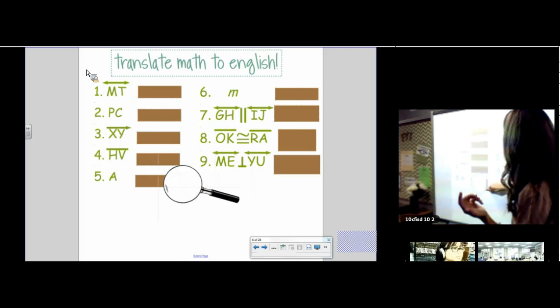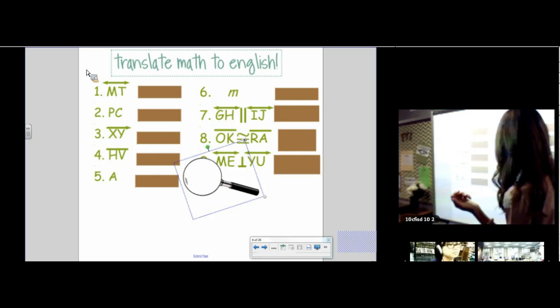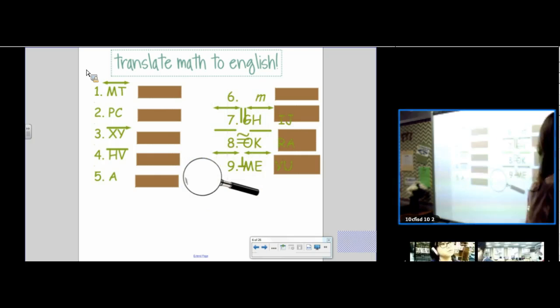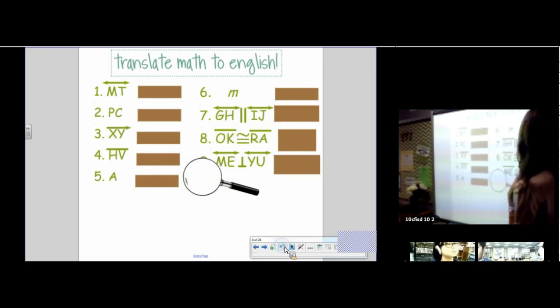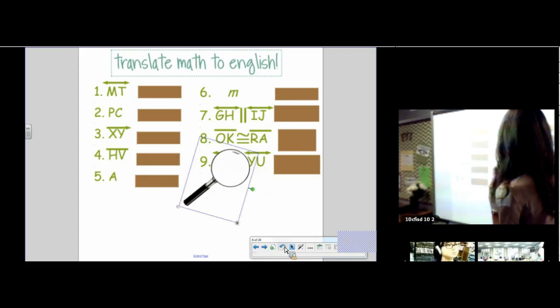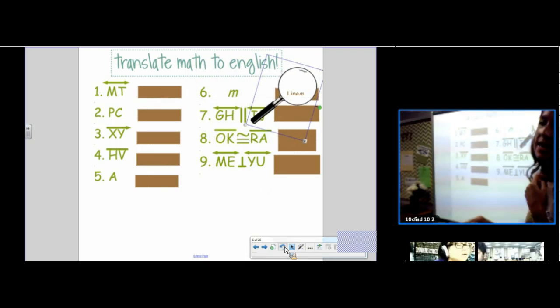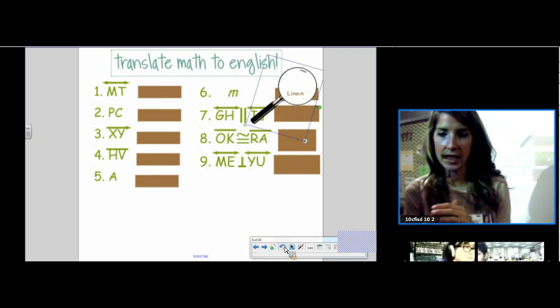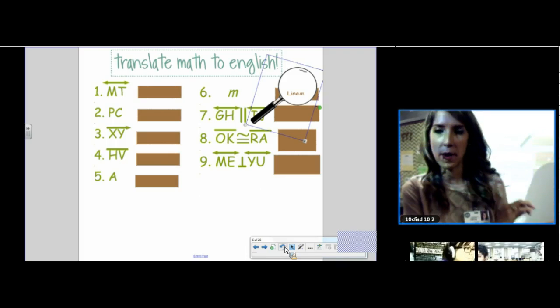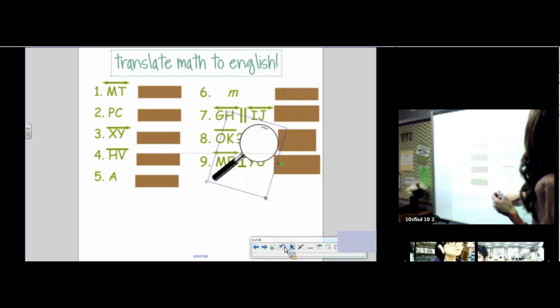Number 5, what is it if it's just a capital letter? Good. Point A. All right, I'm going to twist my magnifying glass around. Okay, number 6. Remember, you can name a line with a lowercase italicized letter if it's already on the picture. What's number 7?